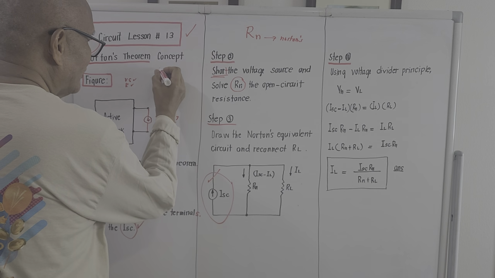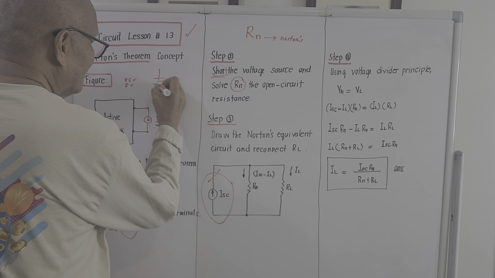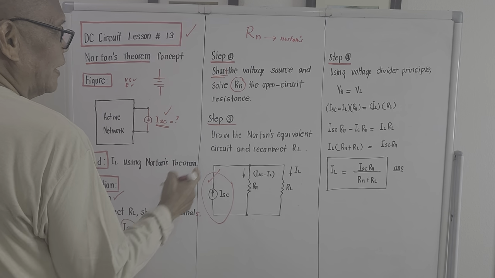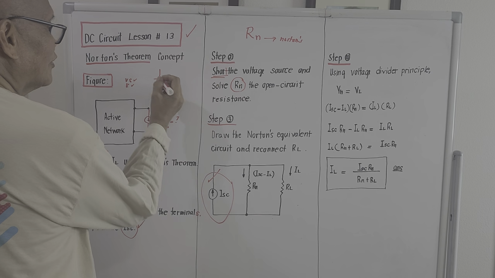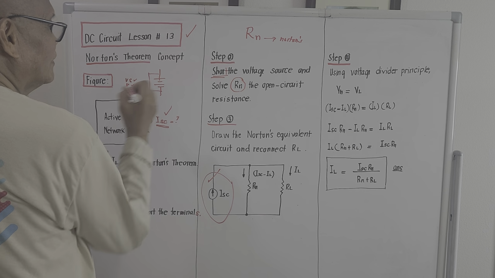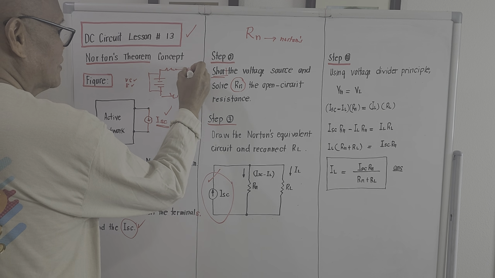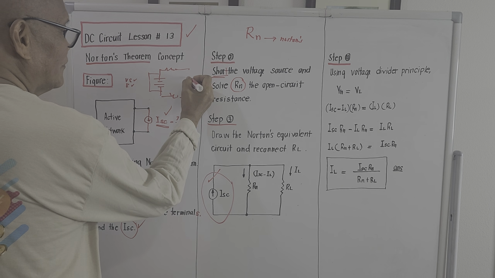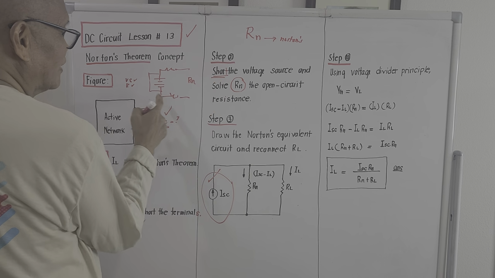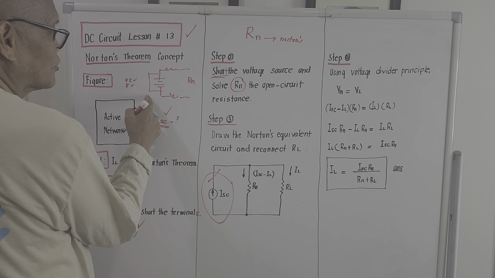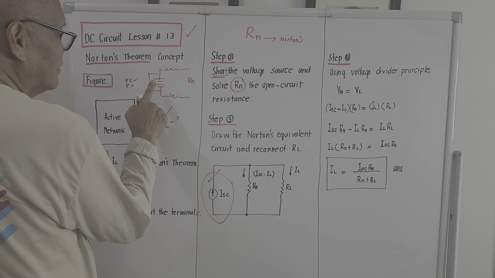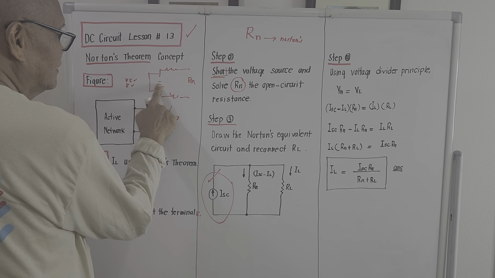Meaning to say, if you could see a voltage source inside, then in the computation of R sub N, we must short this one. So whatever resistances are left inside, that will be termed as R sub N, but we must short any voltage source inside. Meaning to say, after shorting it, the voltage source is not present.